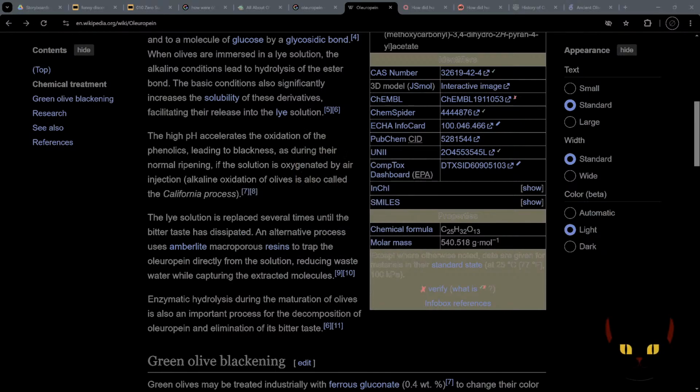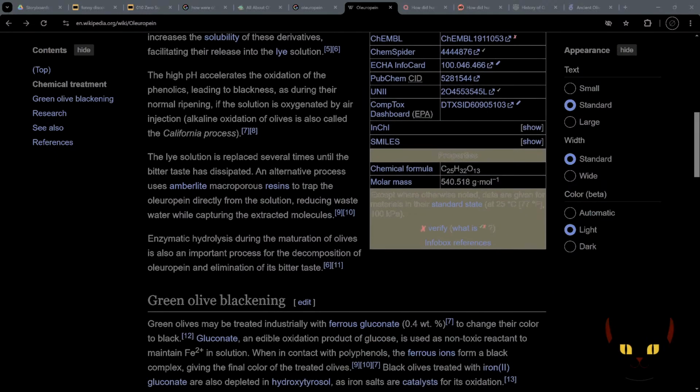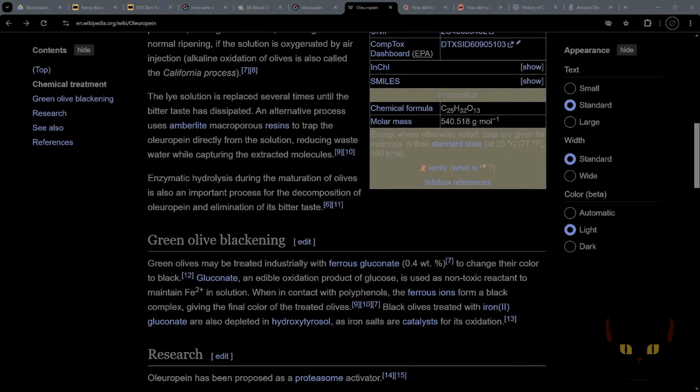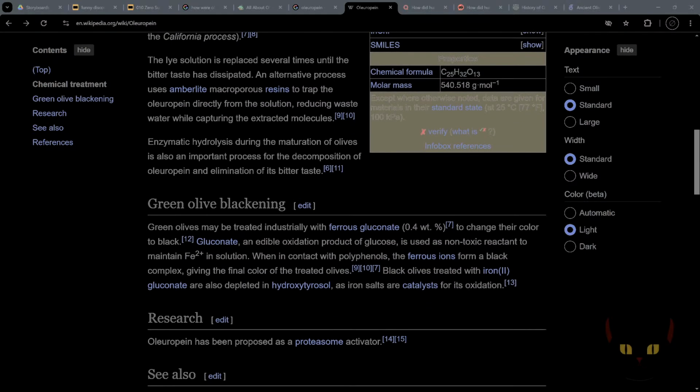It's interesting. Somebody's making an artificial resin to trap the polyurethane. Ferrous gluconate.